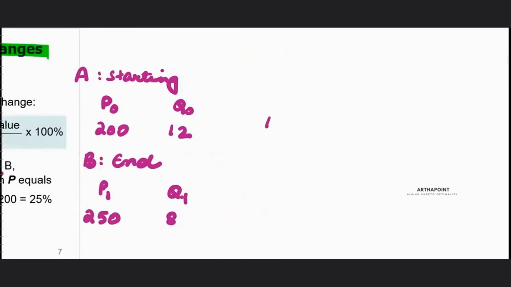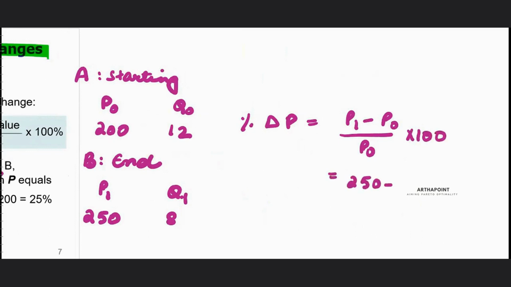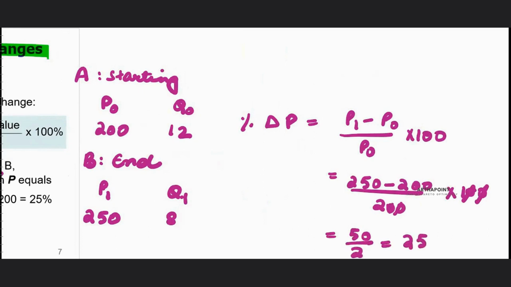So what is the percentage change in price? It is new point minus starting point upon starting point into 100, which will be 250 minus 200 upon 200 into 100, which will be 50 by 2, which will be 25.